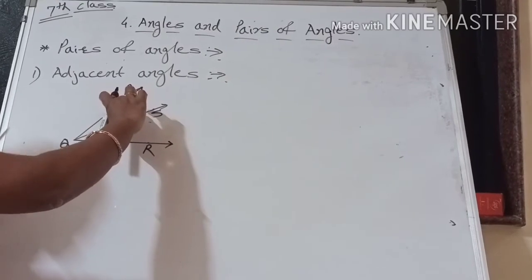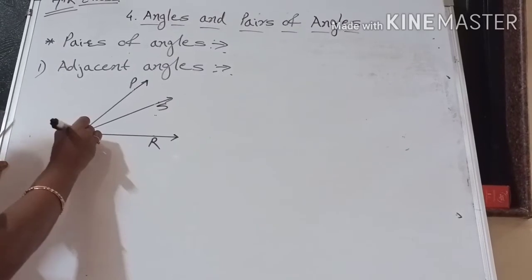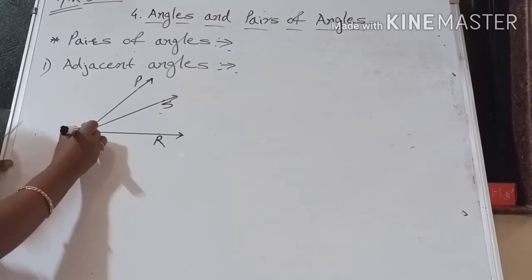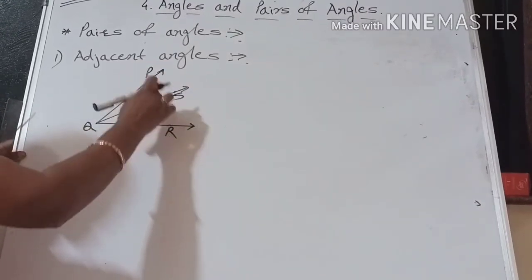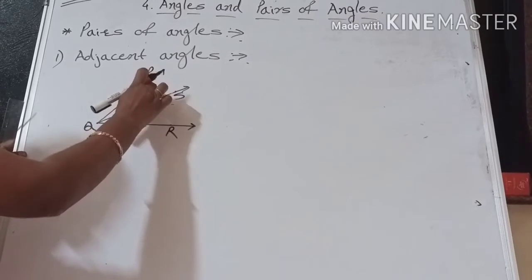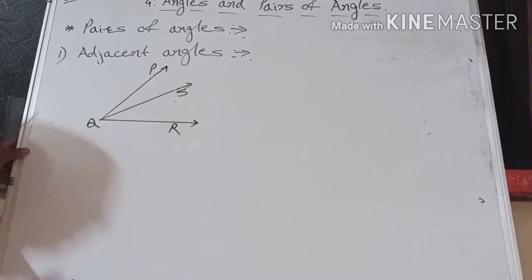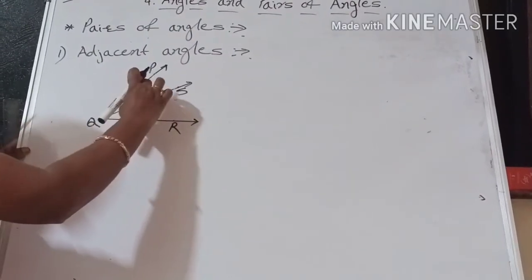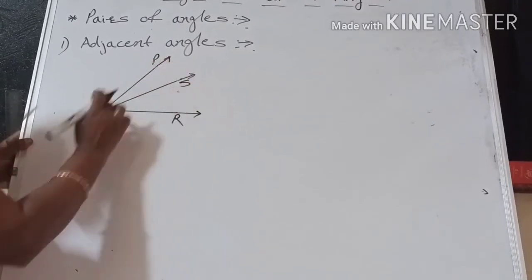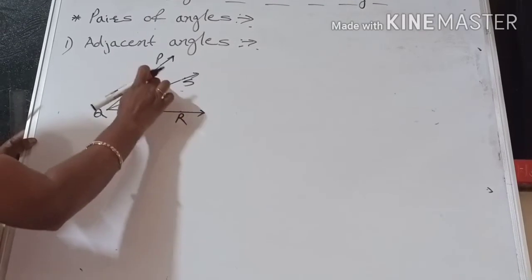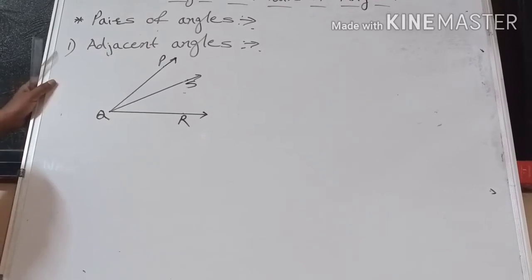These two angles have a common arm QS and a common vertex Q. Vertex is a common vertex and arm is a common arm, but their interior parts are separate. Therefore, these pairs are said to be adjacent angles. These angles are neighboring angles, जवळजवळचे angle आहेत. But these angles have a common arm and common vertex, but their interiors are separate. Therefore, these two angles are said to be adjacent angles.